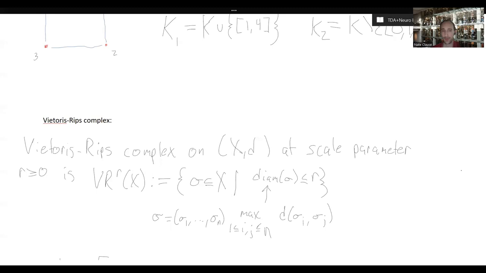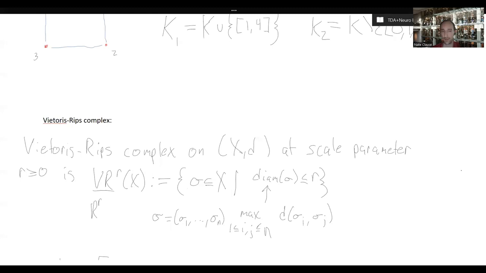The Vietoris-Rips complex on a metric space (X, d_X) at scale parameter r, I'll denote it with VR superscript r. Sometimes the V is cut off, so if it's just R superscript r, this also means Vietoris-Rips complex.